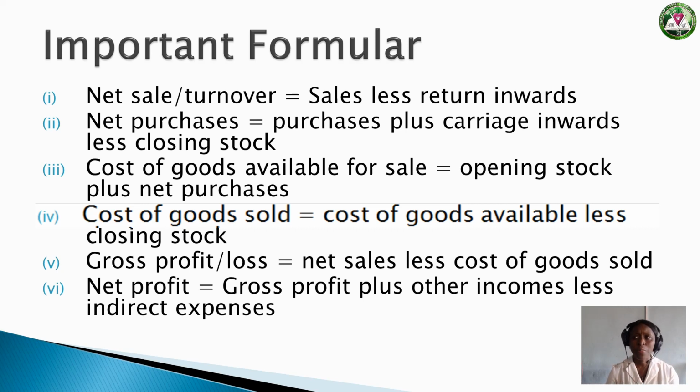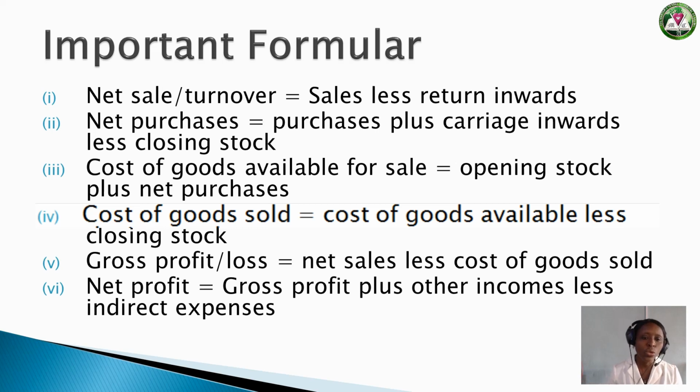Now, important formulas. Net sales is sales minus return inwards. How to get net purchases? That is purchases plus carriage inwards less closing stock. Less means minus, less means subtract. Plus means addition. So once you get your purchases, you add carriage inwards and minus closing stock. That is how we determine our net purchase.